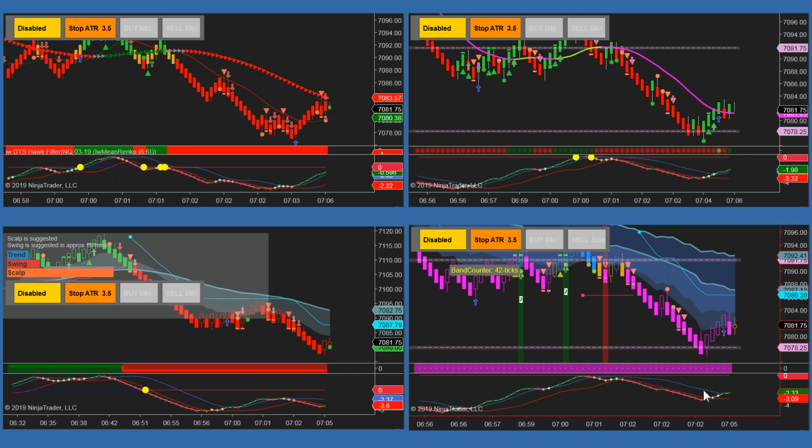Okay, getting a little bullish maybe, a little bit more of a pushback off of the secondary resistance zone.